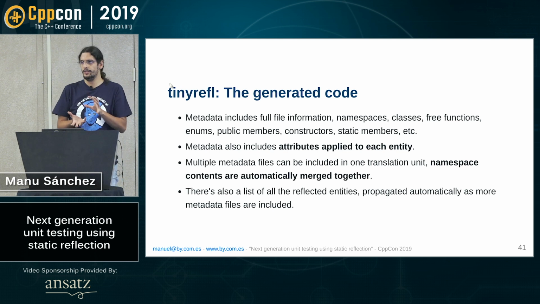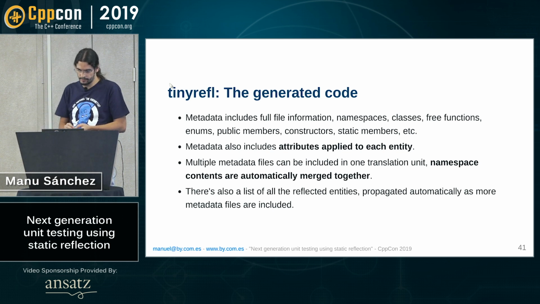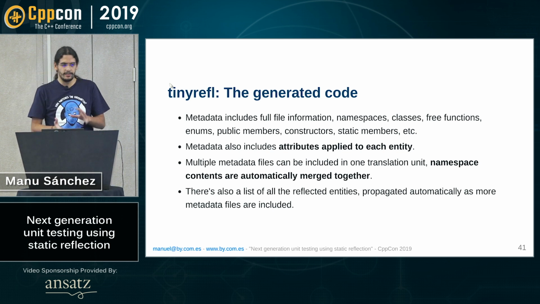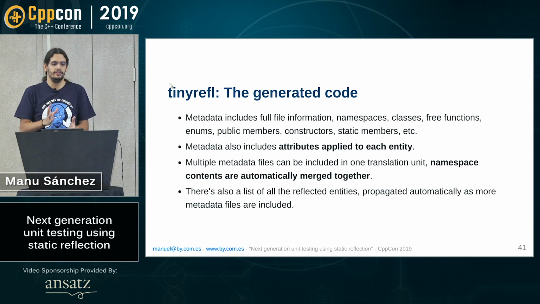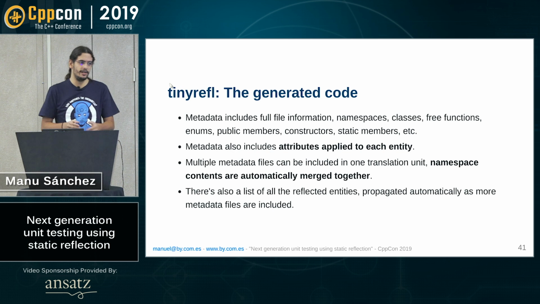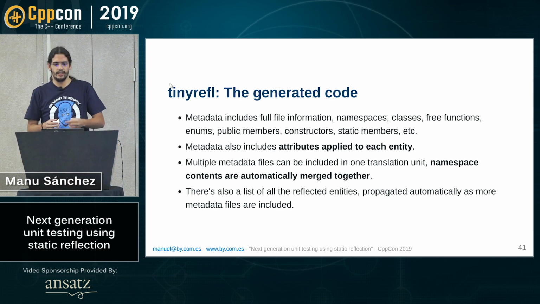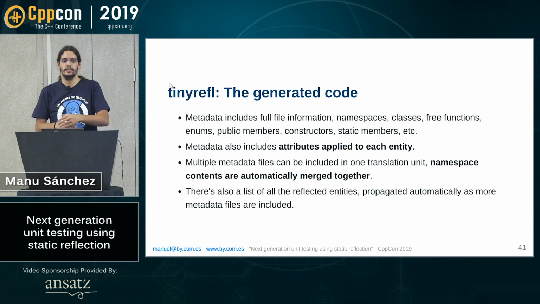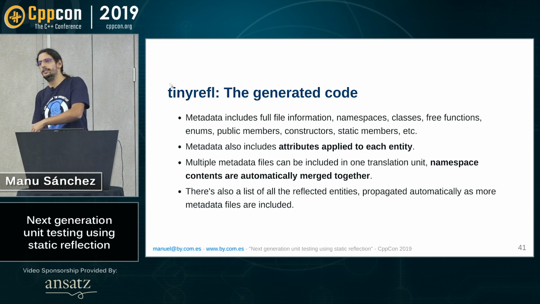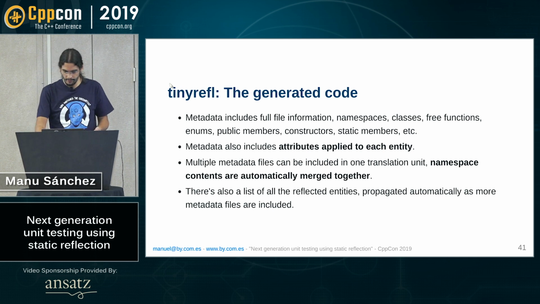It's not completely a file point of view, the reflection metadata. And also you have a full list of all the reflection entities that are registered into the metadata, so you can simply do a for each, over every declaration of your library, check whatever, okay?